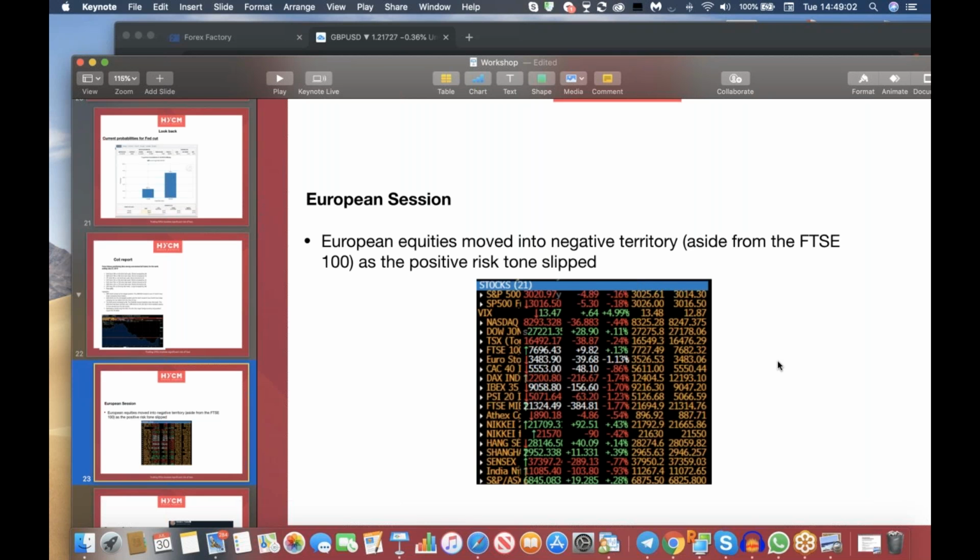Okay, now the reason the FTSE was up is because when the pound is down, the FTSE is up, and it's to do with the number of UK companies that earn in US dollars. So with the pound US dollar pair falling, what that means is if you get paid in dollars, you're effectively getting a pay rise. If you're in the UK and you get paid in dollars and the pound is falling against the US dollar, that means you're earning more money.